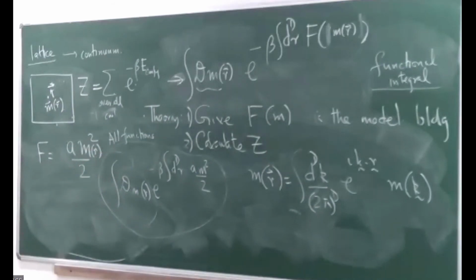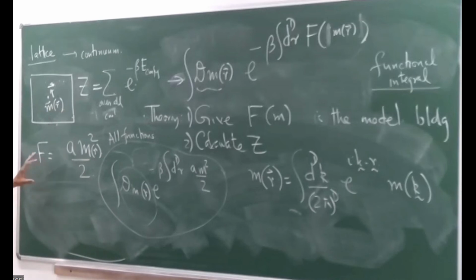Now comes the next step. Sir, why are we taking f equal to a m squared by 2? I'm just taking a quadratic function. The only integral of this kind that can be done in this world is for f a quadratic function of m. Nothing else can be done. As I explained, even in trivial everyday integration, you can only do e to the power minus x squared.